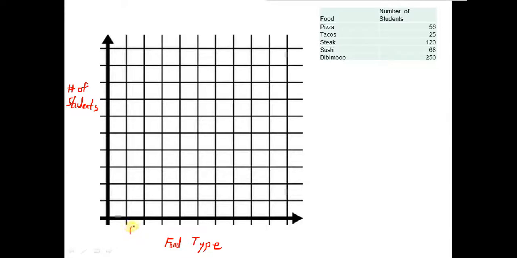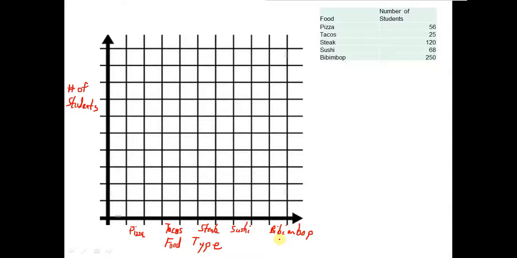So here I'll write pizza for this bar, and then we'll skip one, so we have space, tacos, skip one, and then steak, skip one, and then sushi, skip one, bibimbap. So there we go, we have our x-axis labeled.